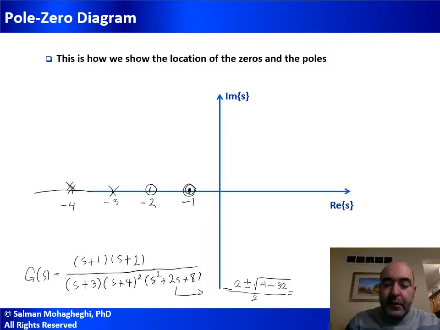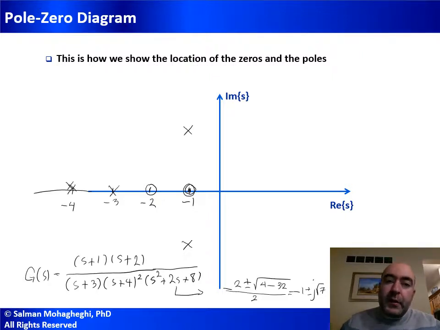If I simplify this, it's going to be minus 1 plus or minus j, square root of 4 minus 32, that's 28, or 4 times 7, and the 4's cancel out, and you will have square root of 7. So you will have a minus 1 minus j square root of 7 and minus 1 plus j square root of 7.